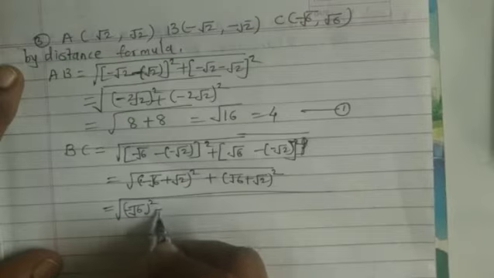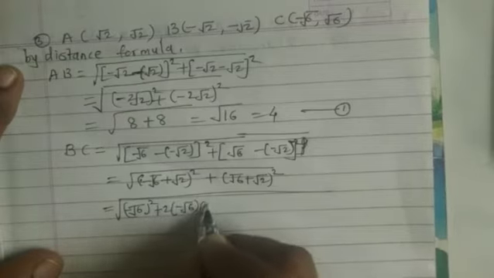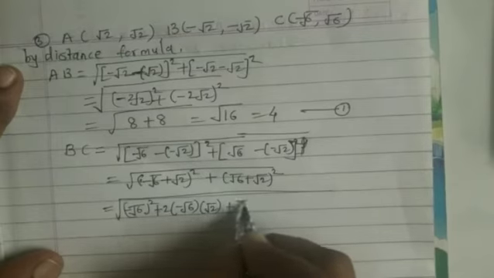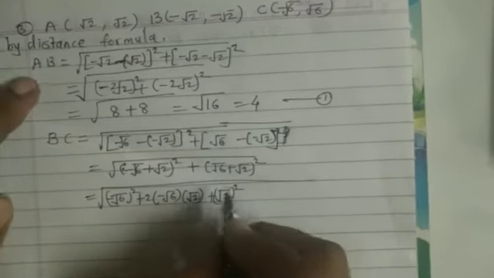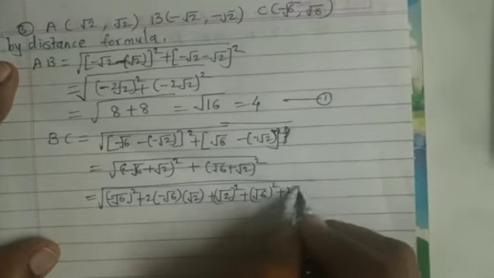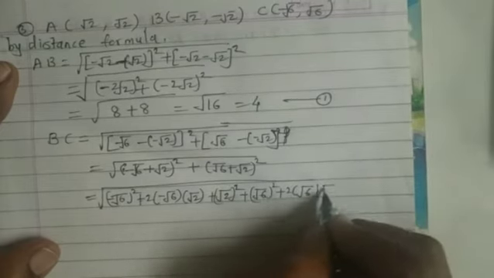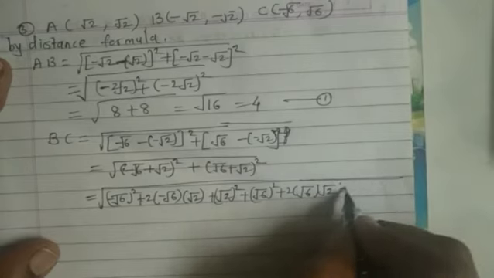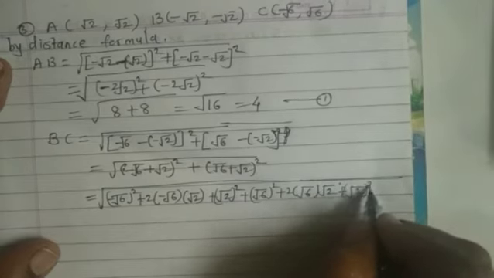Here the product is 2 into minus root 6 into root 2, plus the second term square is root 2 square, plus root 6 square plus 2 into root 6 into root 2 plus the second term square root 2 square.